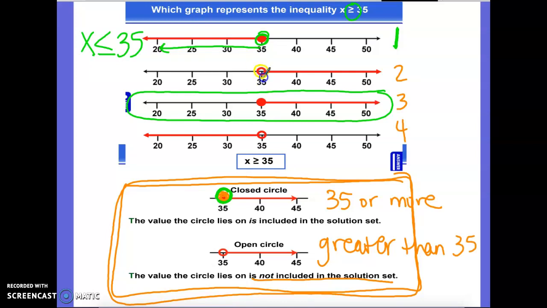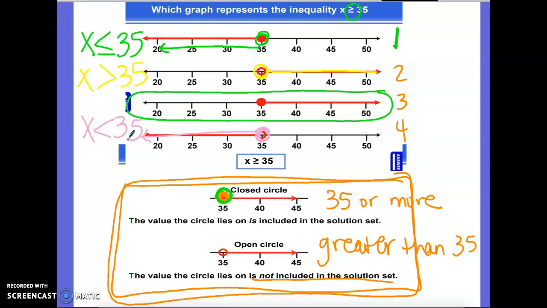It has an open circle at 35 and it's shaded up, which means that x is greater than but can't actually equal 35. So just greater than 35. And the fourth one has an open circle shaded to the left at the lower numbers. So this is x is less than 35. Can't actually equal it, but is less than 35.